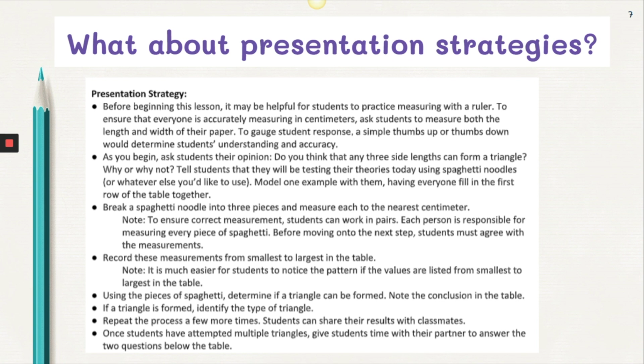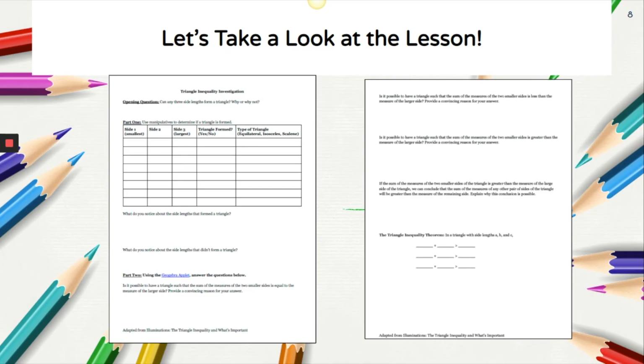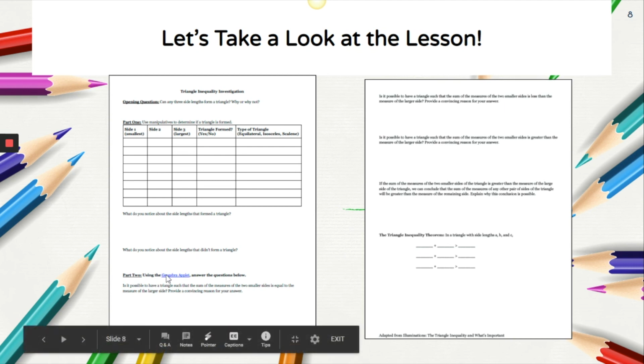Okay, here we have the presentation strategies. And here are the 2 pages of the lesson. As you can see here, this first part is going to be used for either your broken spaghetti pieces, uncooked, of course, or straws. And then from here on to the next page is when you're going to use the applet.